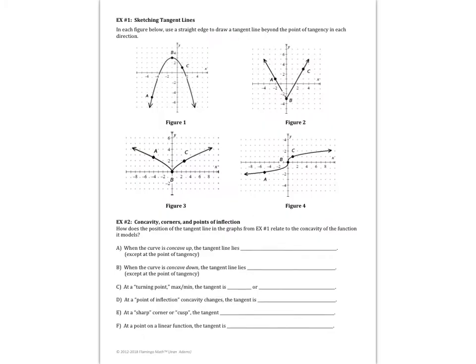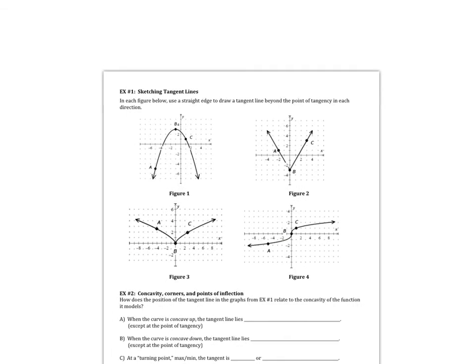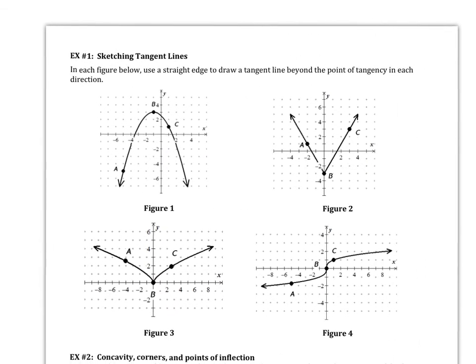So let's move on to here, and let me move this down a little bit. Okay, in the figure below, it wants you to use a straight edge, so you're going to want to get a calculator or something, to draw a tangent line beyond the point of tangency in each direction.